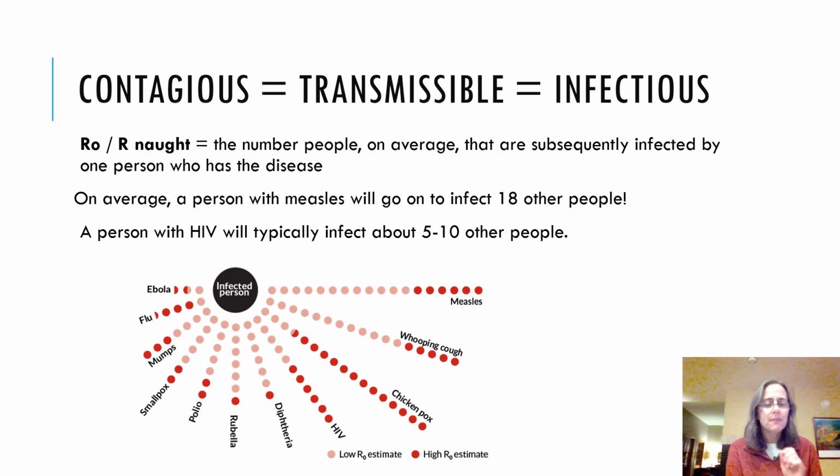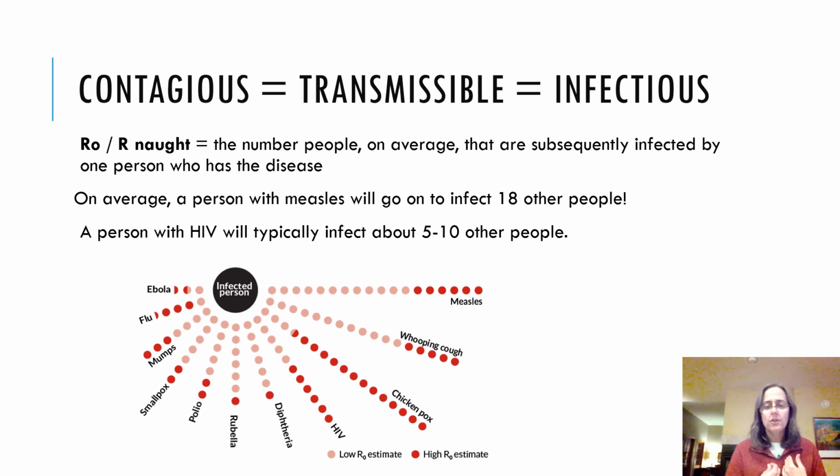It's subtle, but if we're talking about how contagious you are, that's the same thing as how transmissible or how infectious. The way we measure that is with a number that we refer to as R naught, or R with a little sub-zero. That is the number of people on average that an infected person will end up giving their disease to, right?